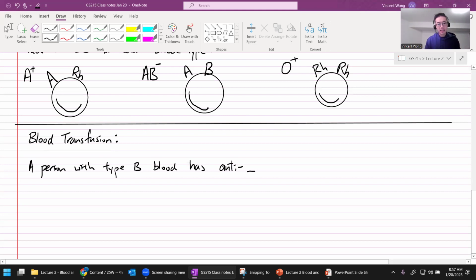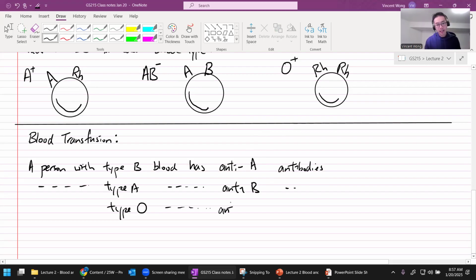Has anti-blank antibodies. What's the answer? Yeah, you make what you don't have, right? So a person with type B blood will have anti-A antibodies. Similarly, a person with type A blood has anti-B antibodies, right? And if they are type O, then they have anti-A and anti-B antibodies. Okay, so hopefully you understand that, right?